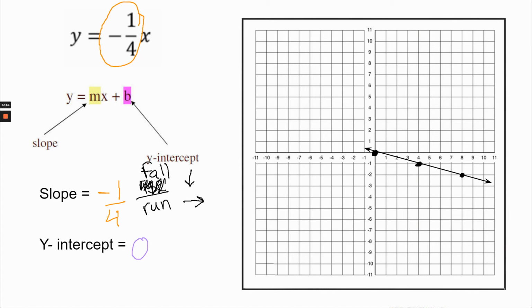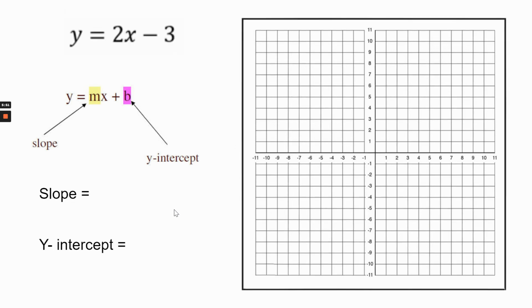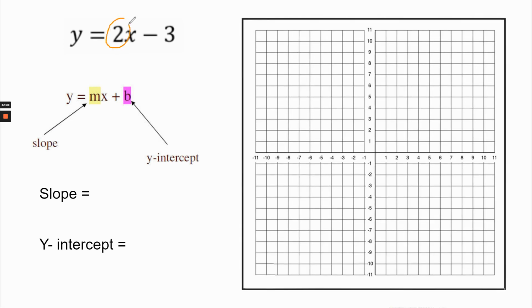Let's look at one final example. We have y equals 2x minus 3. So first we're going to look at the slope. In the spot that's labeled slope, we have a 2.